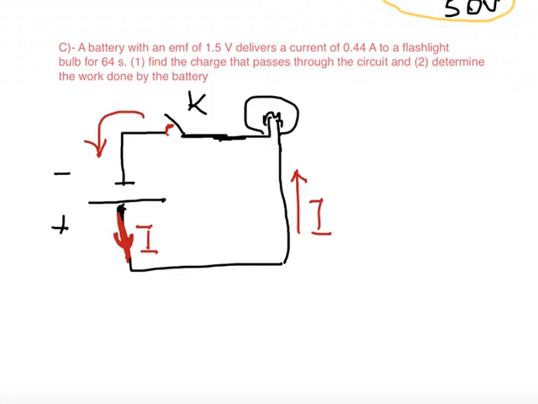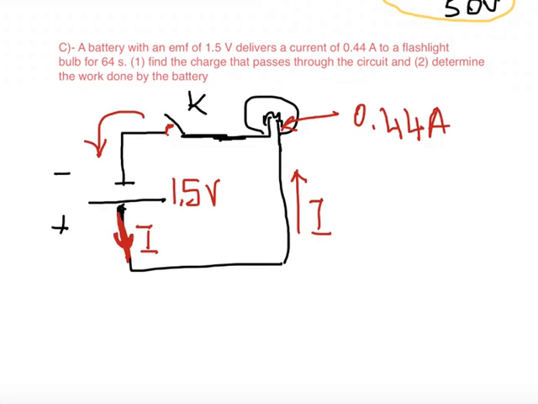Okay, so the question is, there is a current passing through this bulb, 0.44 amps, and our EMF, or the battery, has 1.5 volts. Number one, what is the charge that passes through the circuit?